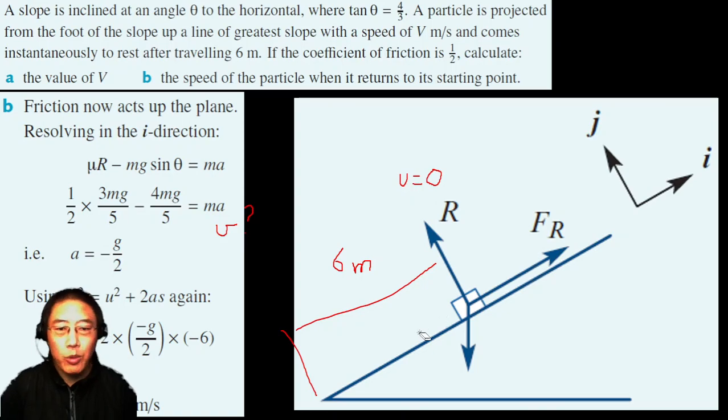This time we resolve in the i direction. We know the R value from before, it's the same process. So we write positive mg sine, that's the opposite, that's negative, that's fine, equals ma, so a as a convention is going to the right. We resolve it and it resolves itself. a is actually negative, which is fine.